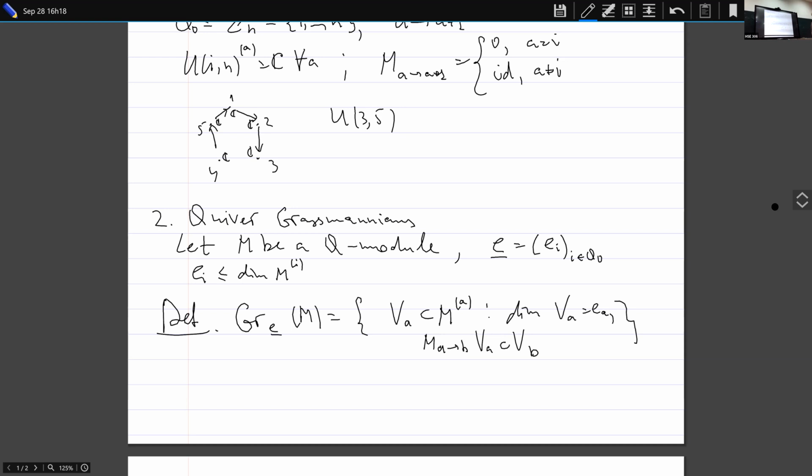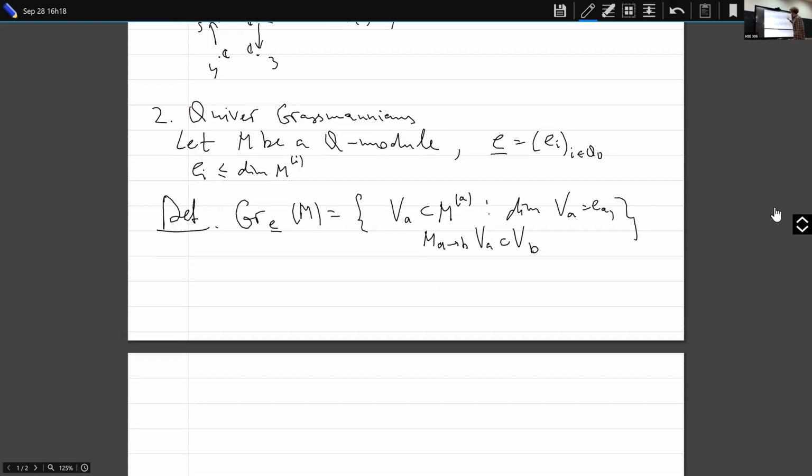So it means that this is a collection of subspaces in each space corresponding to our representation, and they have to be compatible with the maps corresponding to the arrows. So this is the set theoretical definition. Of course, if you want to make it into an algebraic variety, you have to do something more, but that's it, more or less.